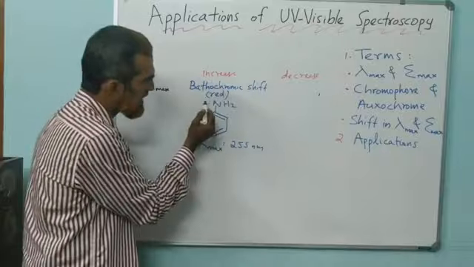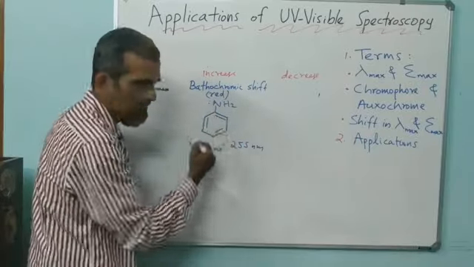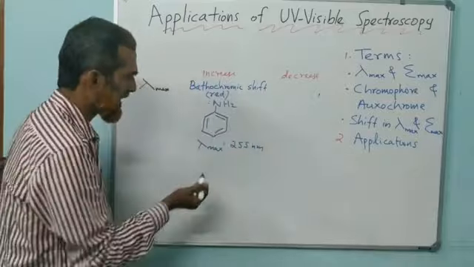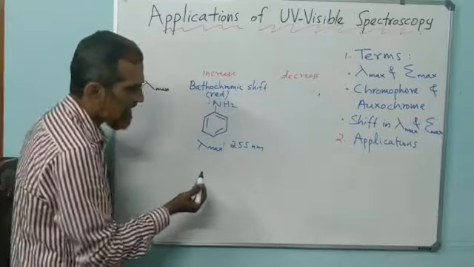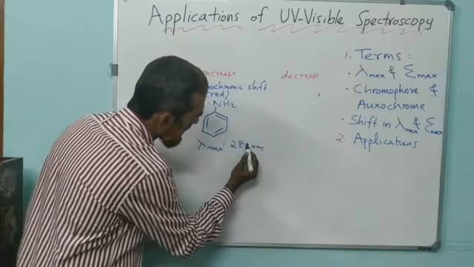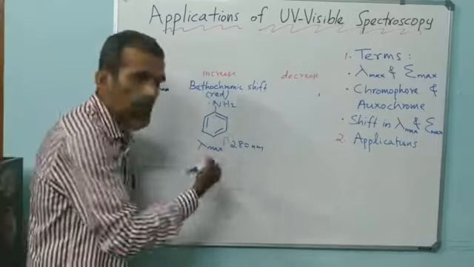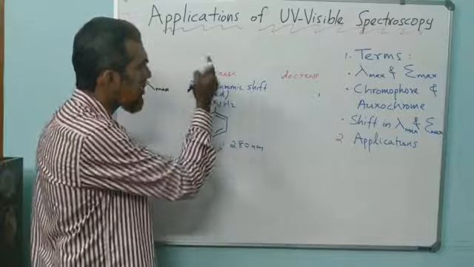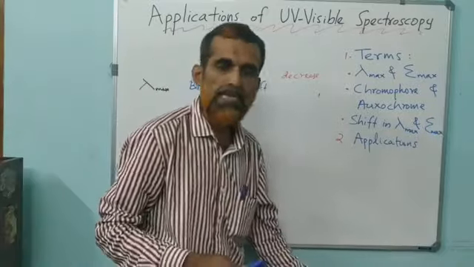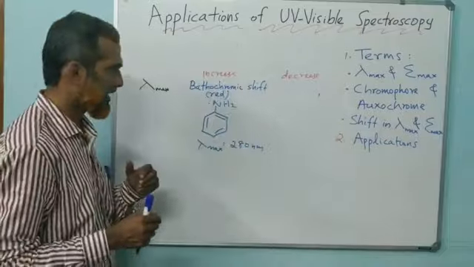Of course, conjugation, this lone pair will come in resonance, and conjugation increases, HOMO-LUMO gap will decrease. For aniline, the value is coming to be 280. So what happened here? Lambda max value increased. This phenomenon is called bathochromic shift. So what is bathochromic shift? Increase in lambda max value.